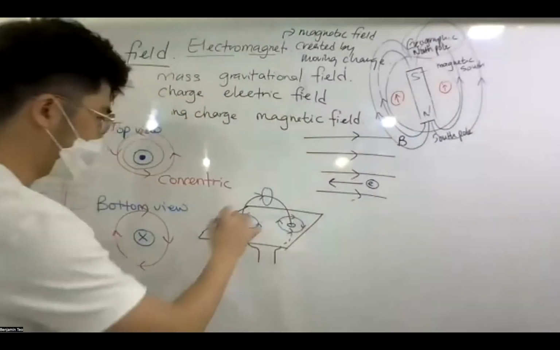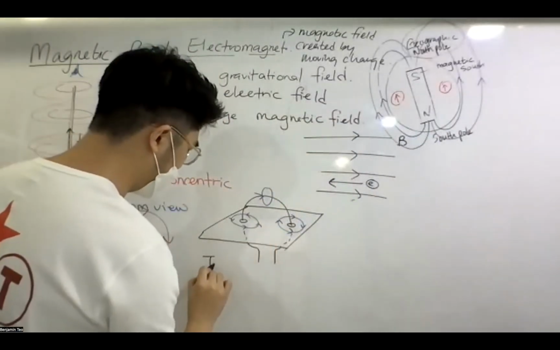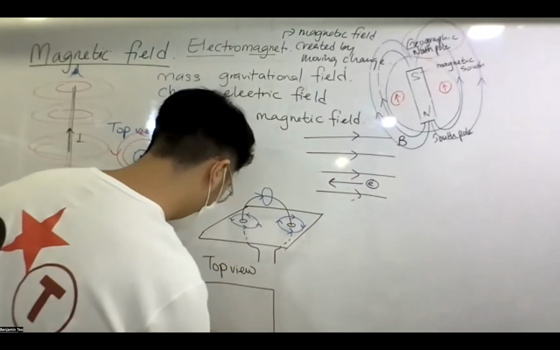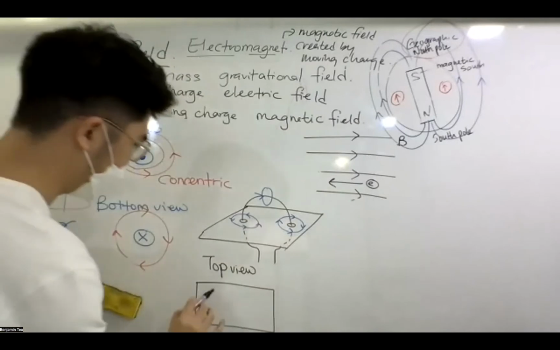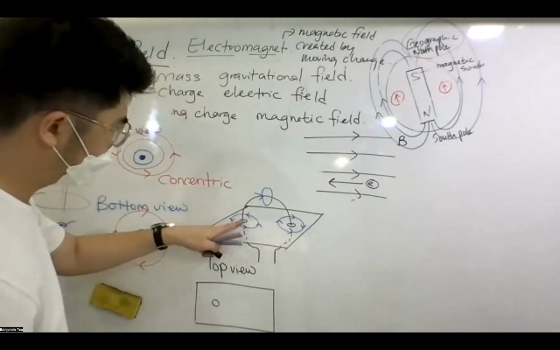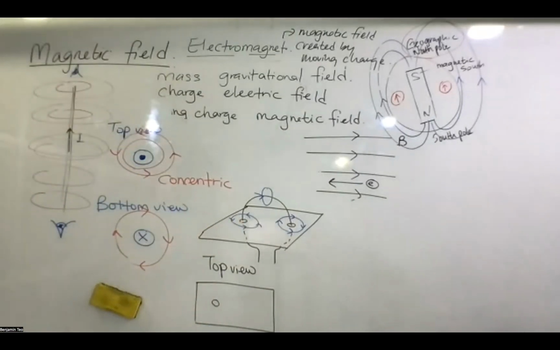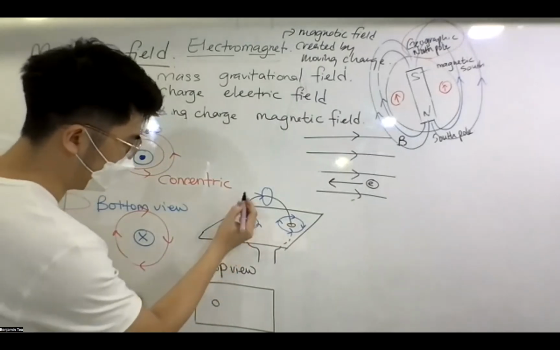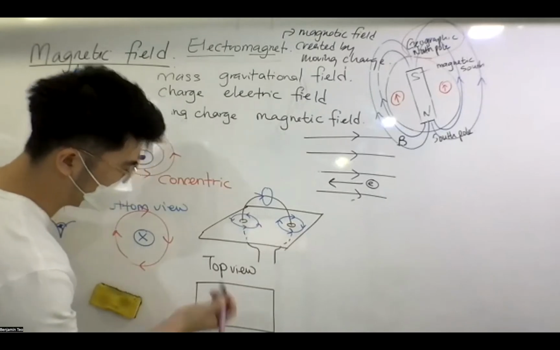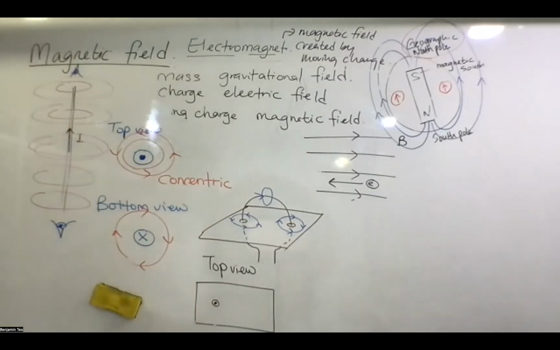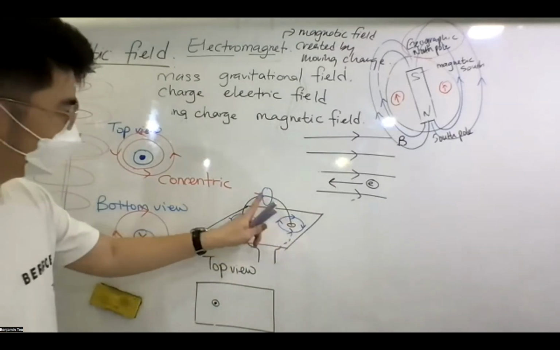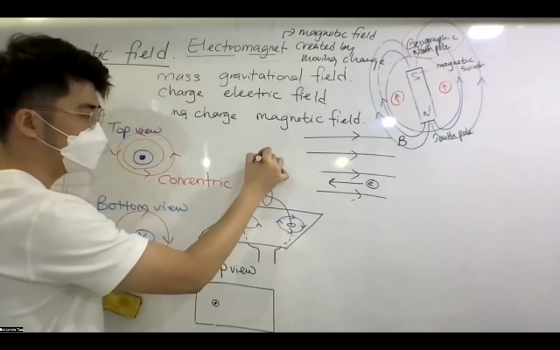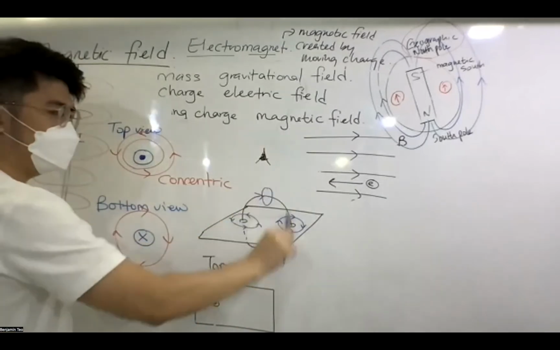Now, this is the magnetic field of a flat coil, right? So if you look from above, top view, we will draw the conductor first, the wire. This is the cross section of the wire going up. This is the current. Here the current goes into the cardboard. If I see from the top, the current goes inside.